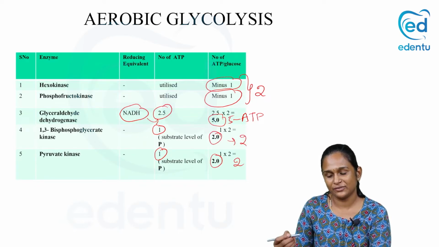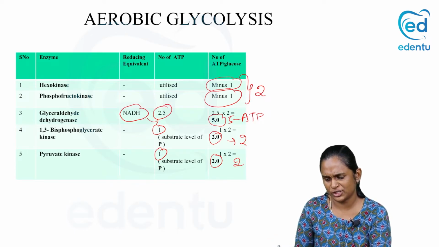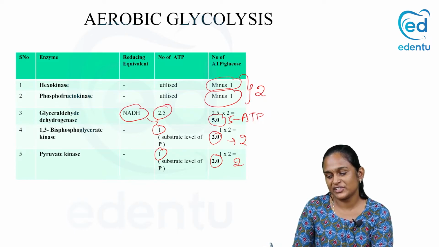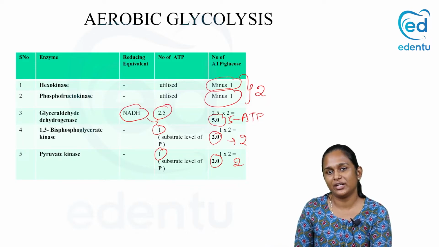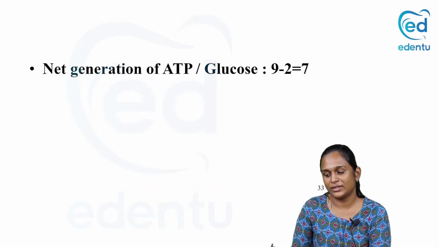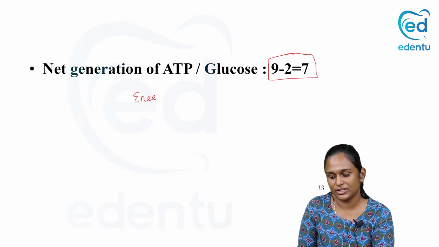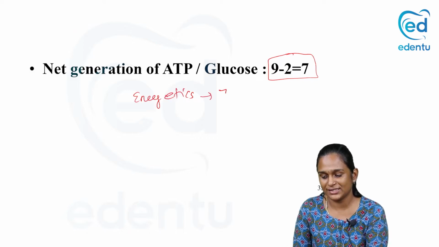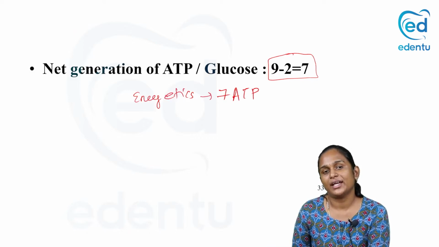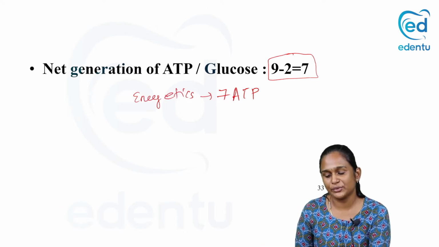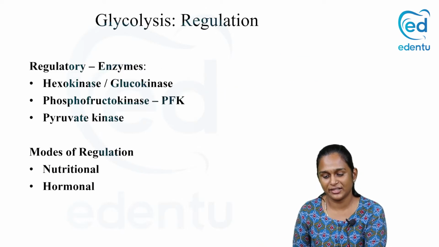So totally we have generated 5 plus 2 plus 2, 9, and we have invested 2. So out of that 9 we have invested 2. So 9 minus 2, it is 7 ATP. So the energetics of aerobic glycolysis is 7 ATP. We have generated 9 ATP and we have utilized 2 ATP. So 9 minus 2, it is 7.